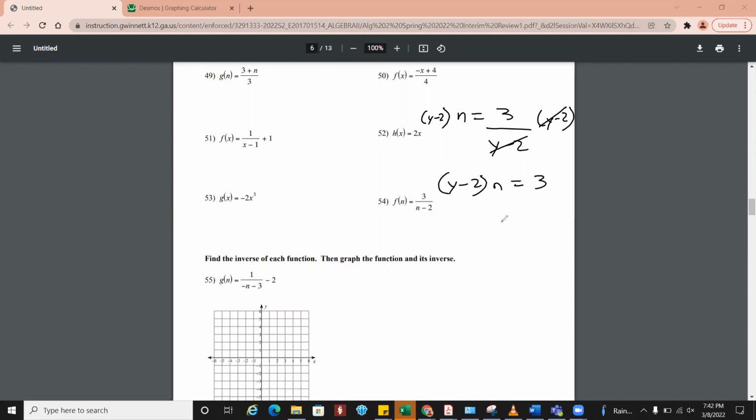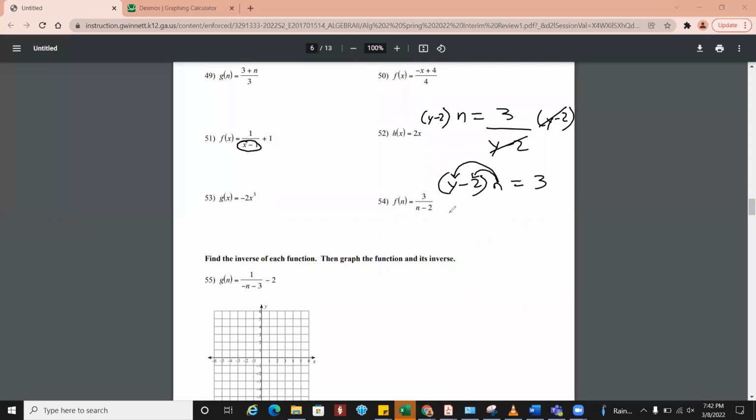Now this one's a little different. We're actually going to multiply out this n. So we're going to take n and multiply it times y, and n and multiply it times that -2. Okay, and this is different from our last problem, because on our last problem we had x minus 1. We had more than one piece to this n.